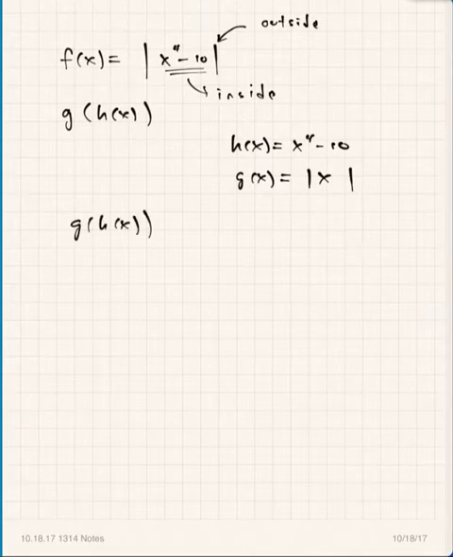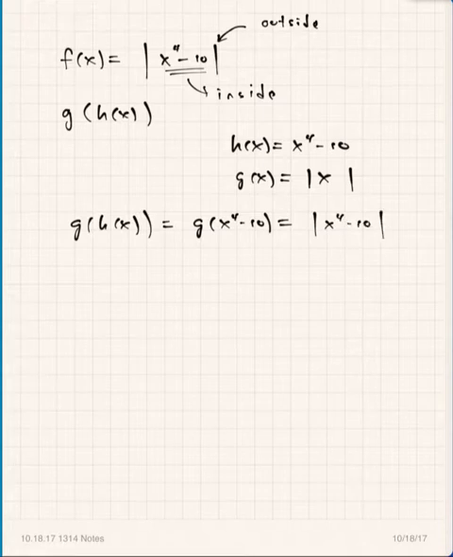So the g of h of x, replace h of x with what it's equal to, which is x to the 4th minus 10. So this would be g of x to the fourth minus 10. And then that says go to the g function, and every place you see an x, substitute x to the fourth minus 10. And so I put the x to the fourth minus 10 into that absolute value function, and I get the absolute value of x to the fourth minus 10.